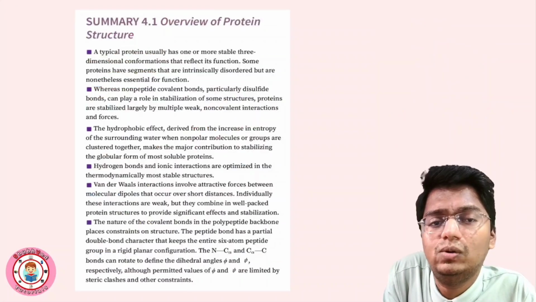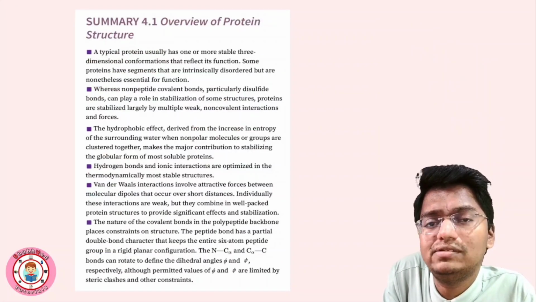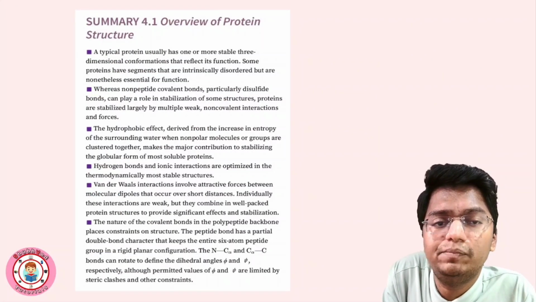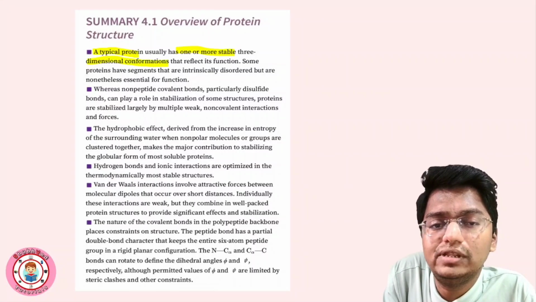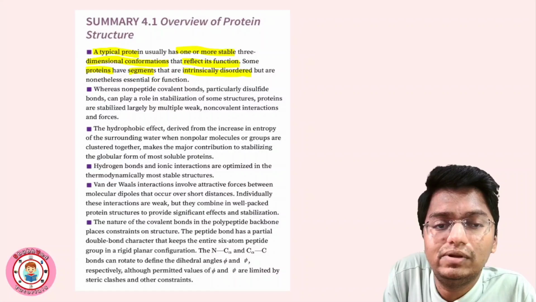So let's see now an overview of protein structure. Some points. A typical protein usually has one or more stable three-dimensional conformations that reflect its function. Some proteins have segments that are intrinsically disordered, but are nonetheless essential for function.